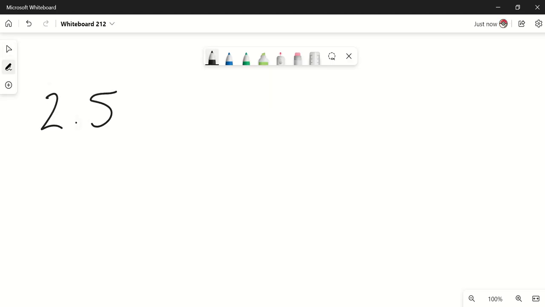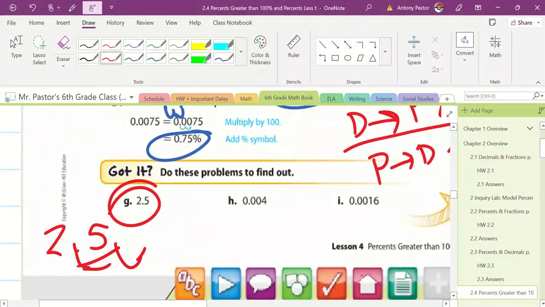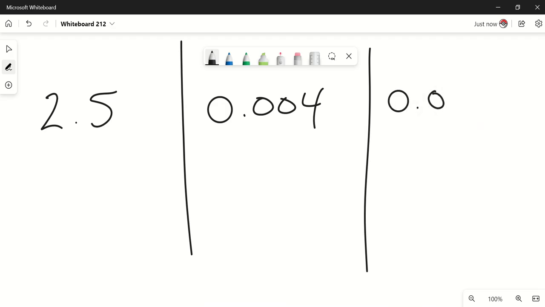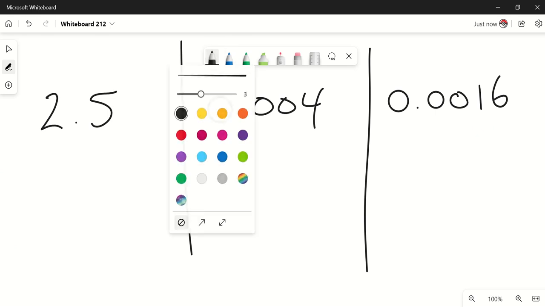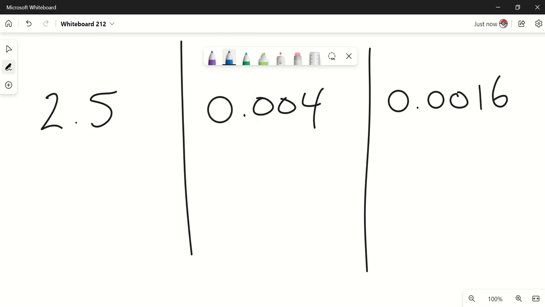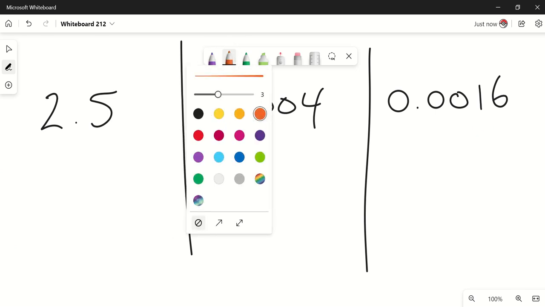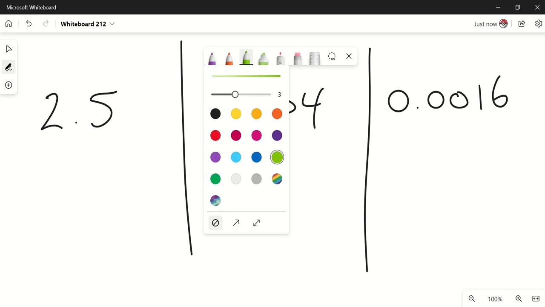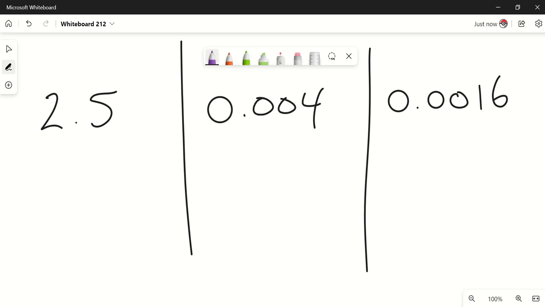I've got 2.5, 0.004, and 0.0016. Remember, these are all decimals. We are turning them each into a percent. And we are going to do this by moving our decimal point twice to the right.